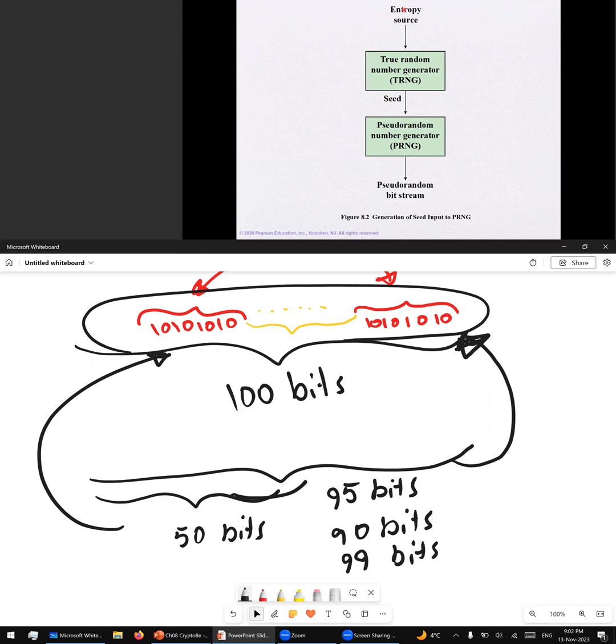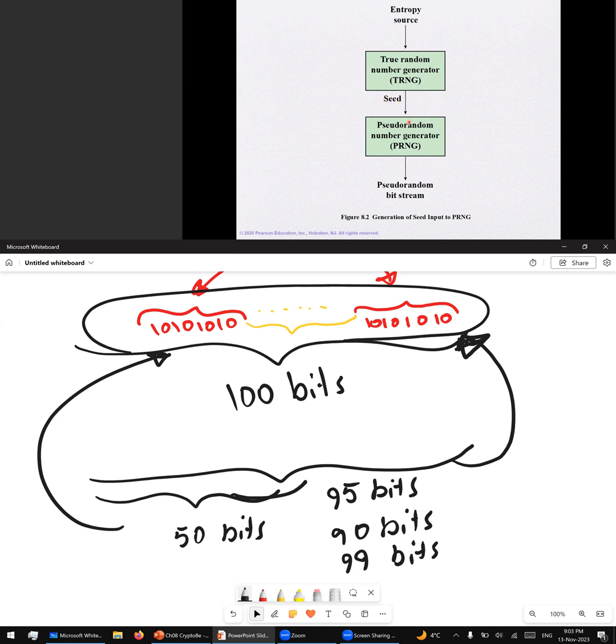This could be the clock on the computer, or the coordinates of a click on your computer screen, or a certain key that you push on the keyboard, but it's some source that is unpredictable. That is fed into a true random number generator, which then produces a seed for us, the output is called the seed.